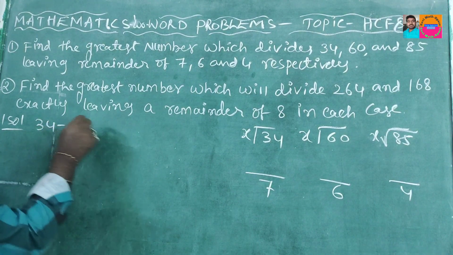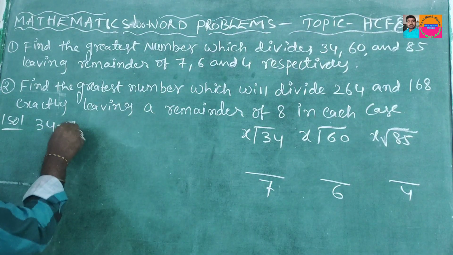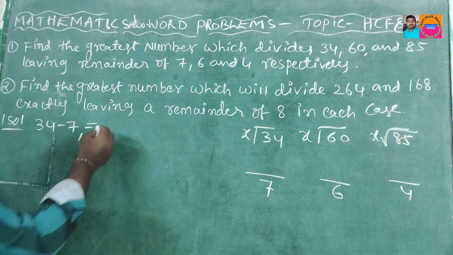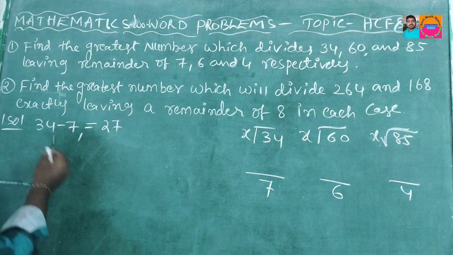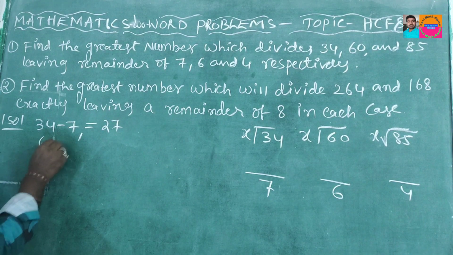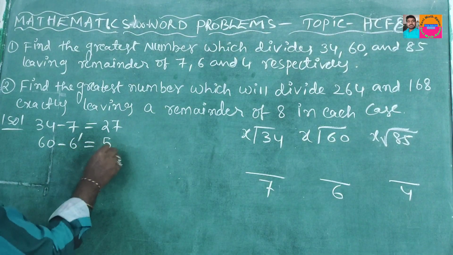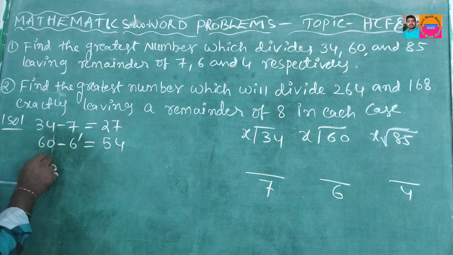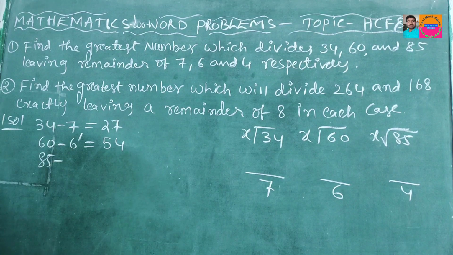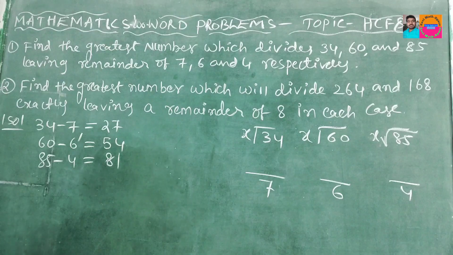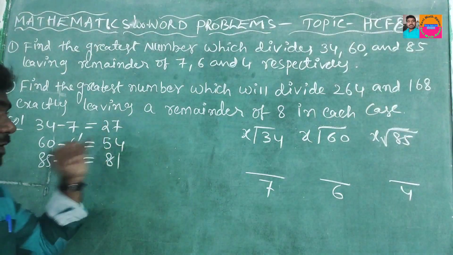From 34 subtract remainder 7, what do you get? 27. From 60 subtract 6, you get 54. From 85 subtract 4, the answer is 81.